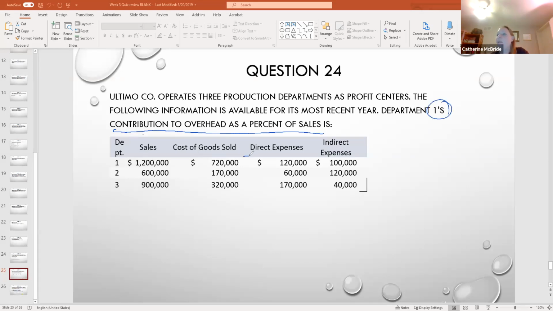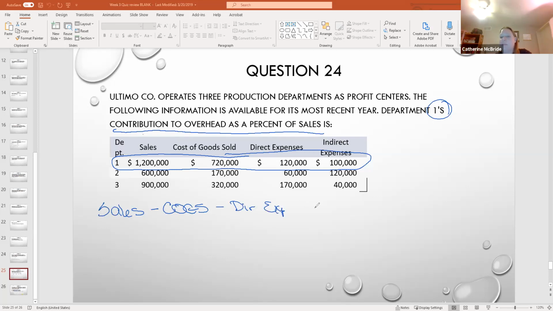So we're only concerned about what's happening with Department 1. So we have sales, cost of goods sold, direct expenses, and indirect expenses. And we want to know their contribution to overhead as a percent of sales. So we have to figure out what is overhead. So we know sales minus cost of goods sold minus direct expenses equals overhead.